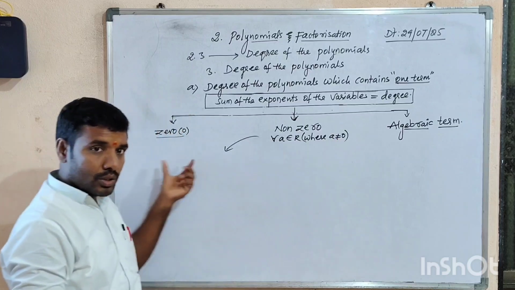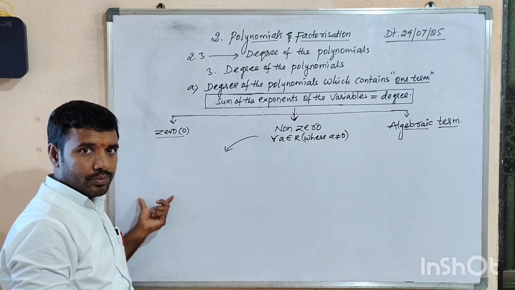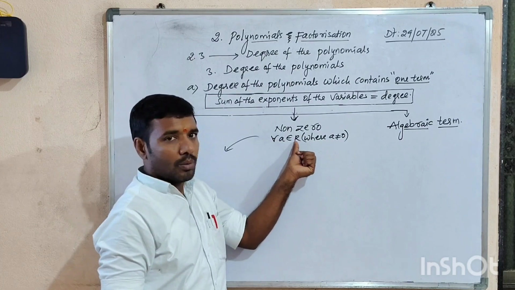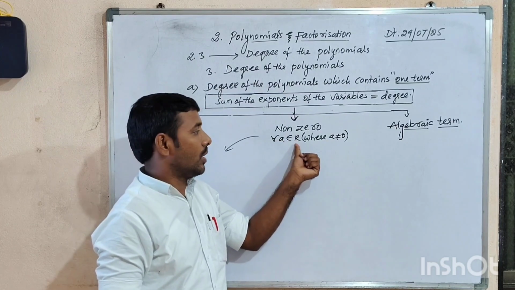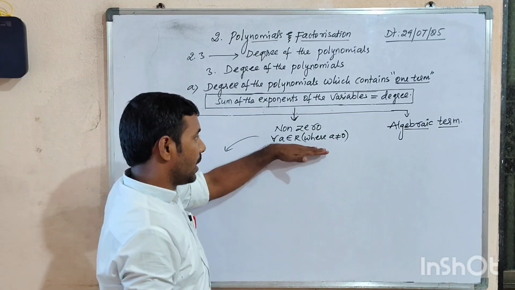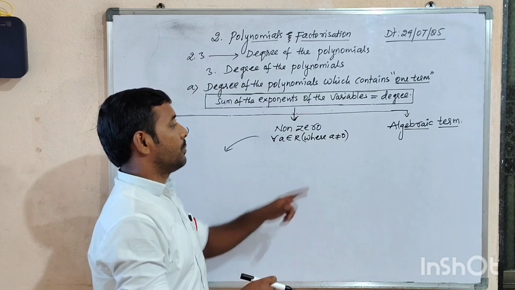Why? Because the 0 work is already completed. So a belongs to real numbers where a is not considered 0. Its intention is, you choose any real number except 0.